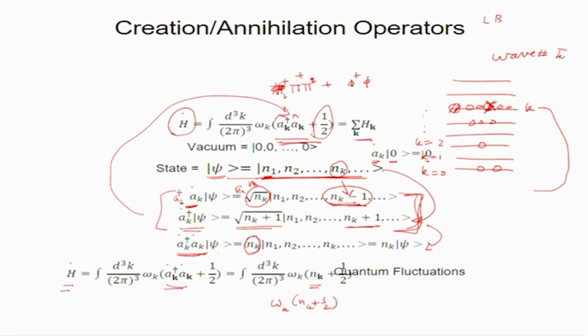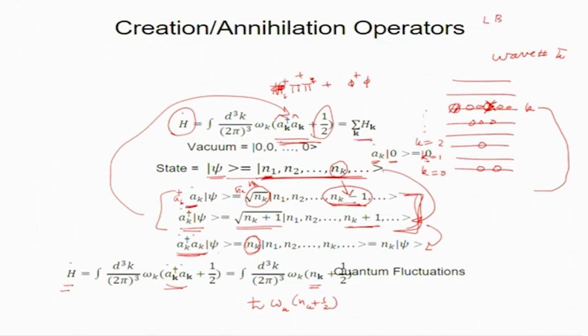Now, this is new, right, classical physics cannot derive this. In classical physics the energy was just phi squared plus pi squared, kinetic energy plus potential energy, pi squared as kinetic energy and grad phi squared as the potential energy. Now, this is purely quantum, and this of course has an h bar which I did not write, and the number of particles being destroyed or created is not part of classical physics.